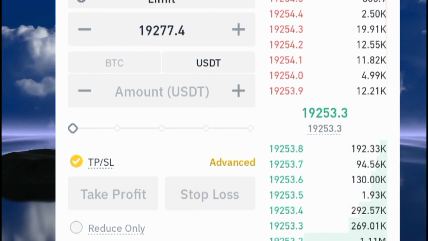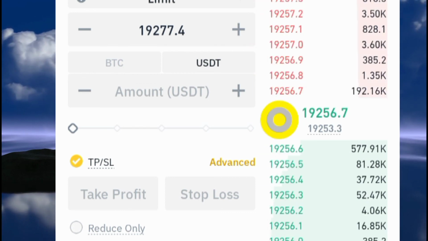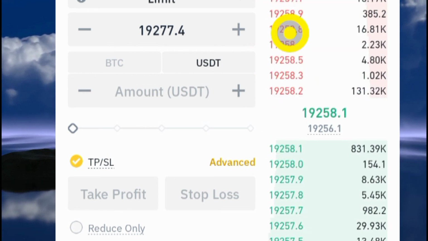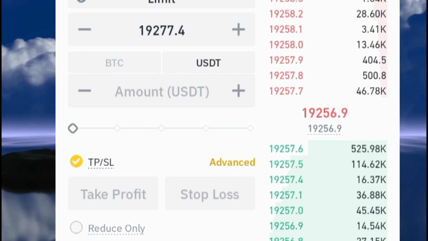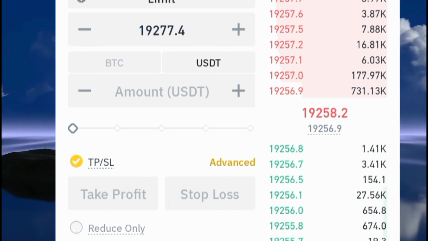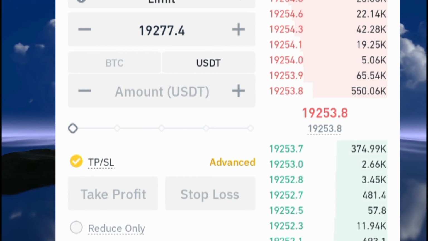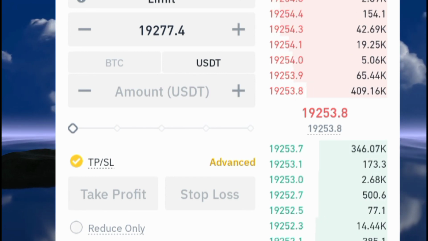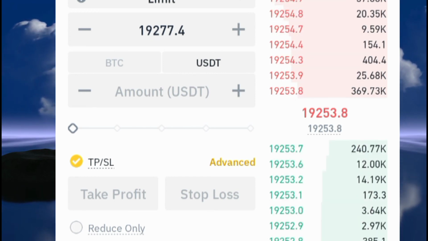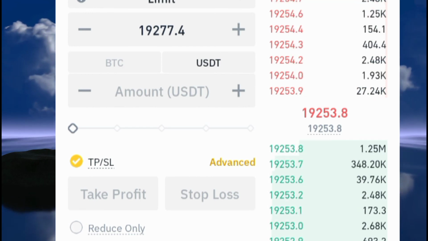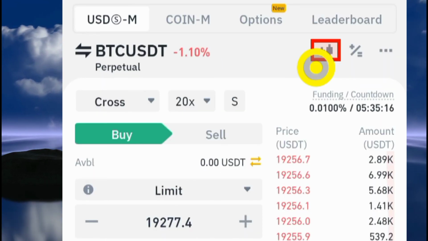Of course, this is not a buy or sell signal. This is not enough. You would have to combine this with other aspects of analysis. Go to your charts to understand what the price of Bitcoin is doing before you can place a buy or sell. If you want to go to your charts, you might want to click on the symbol here.